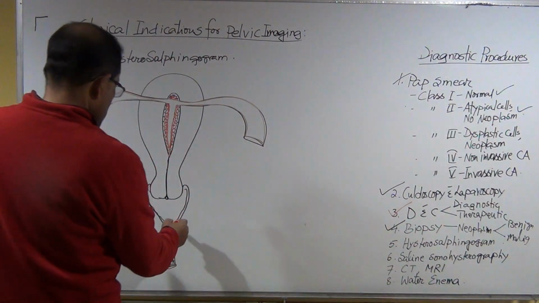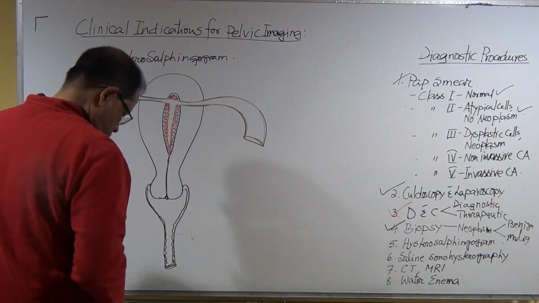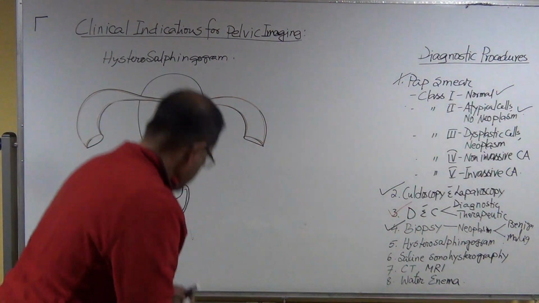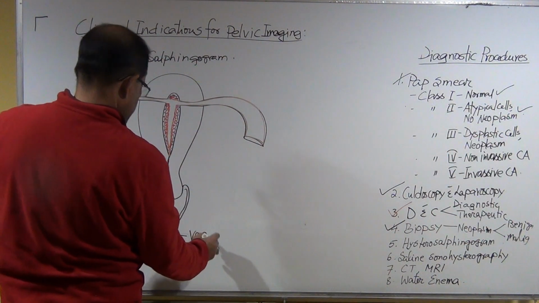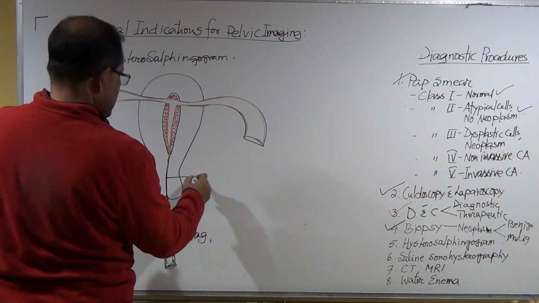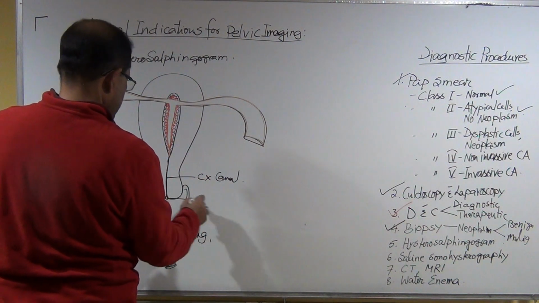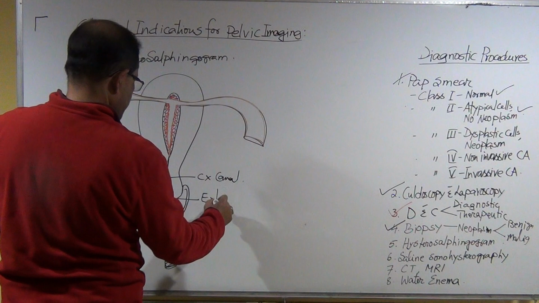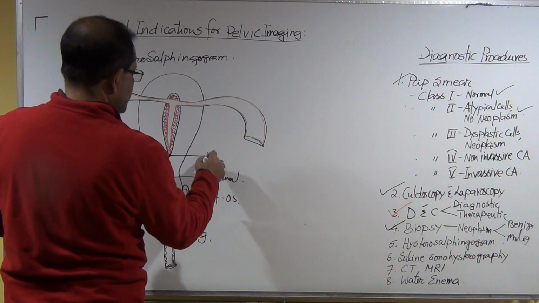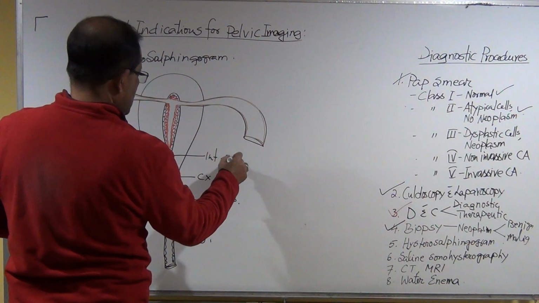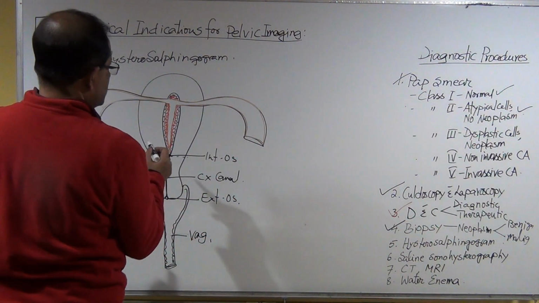Okay, so we know this is the vagina. This is the cervical canal, this is the external os, the internal os, or at this level we call it the isthmus.